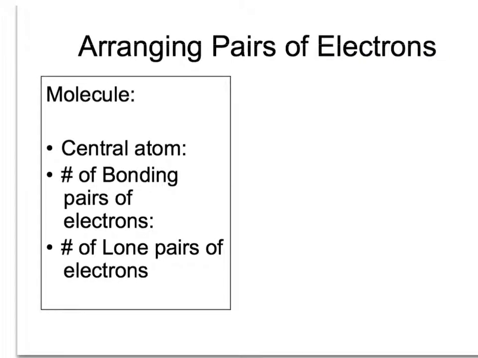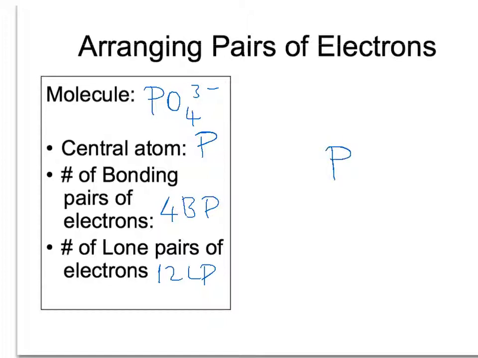So now the last step will be to arrange those pairs of electrons to get to the Lewis structure of our molecule, PO4 3-, knowing that the central atom is phosphorus, that we have 4 bonding pairs and 12 lone pairs. So we're going to start by placing those elements, phosphorus at the center and oxygen surrounding it.